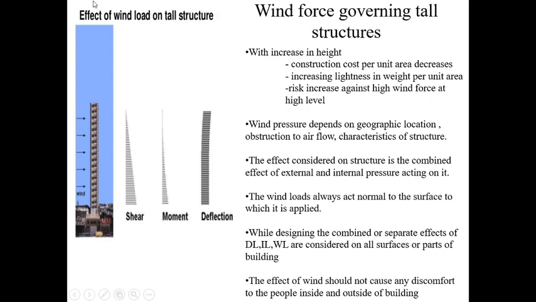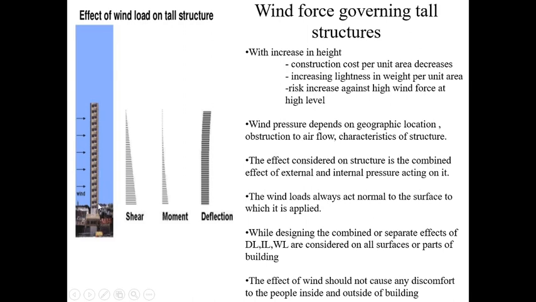Then here we can see that since this is a tall structure, we consider it as a cantilever beam. So here this is the variation of shear, moment and deflection. Since the shear, we can see that it is maximum at the base, right? This is similar to a cantilever beam.